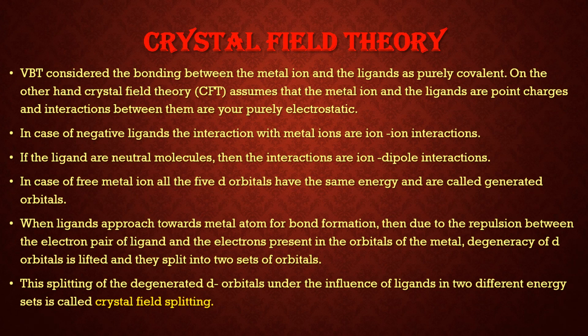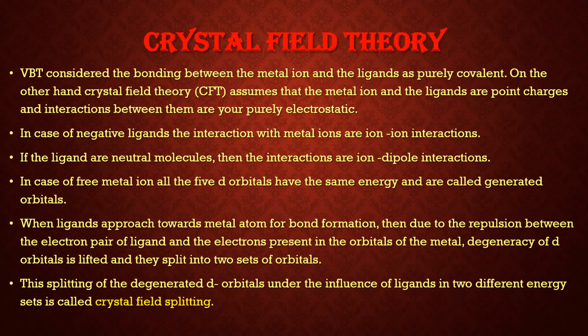Now valence bond theory considered the bonding between the metal ion and the ligands as purely covalent. On the other hand, CFT assumes that the metal ion and the ligands are point charges and the interaction between them is purely electrostatic. If the ligands are negative ions, then this interaction is called ion-ion interaction.